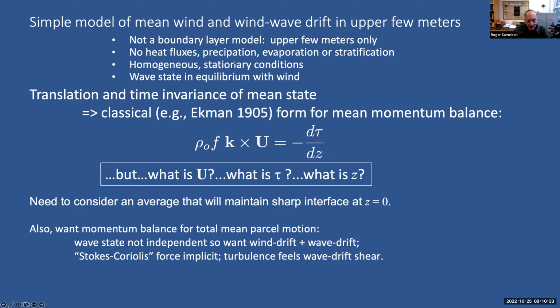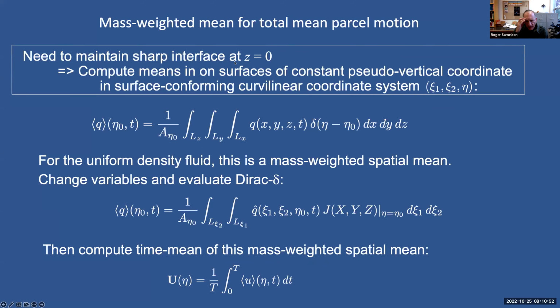We would also like to get a momentum balance that keeps the total mean parcel motion in u, and that way we don't have to worry about adding in the Stokes-Coriolis force afterwards, or whether the turbulence feels the wave drift shear or anything like that. It's just incorporated from the beginning. So here's the way that I propose to do that.